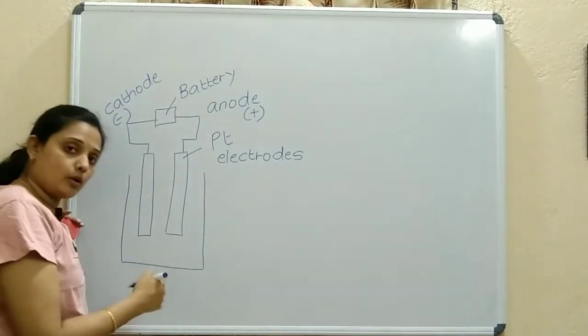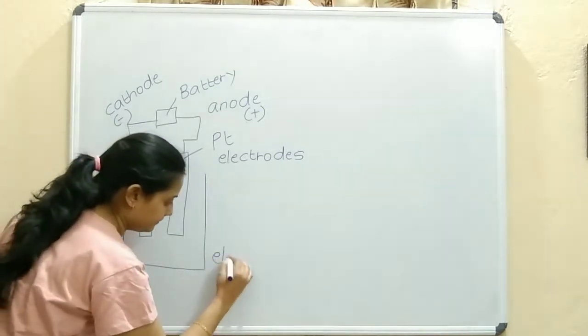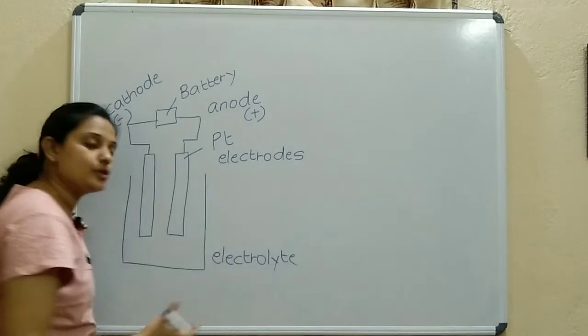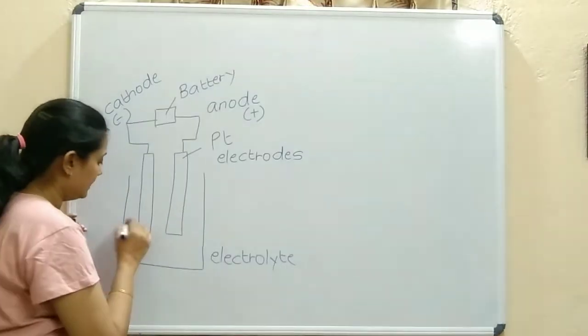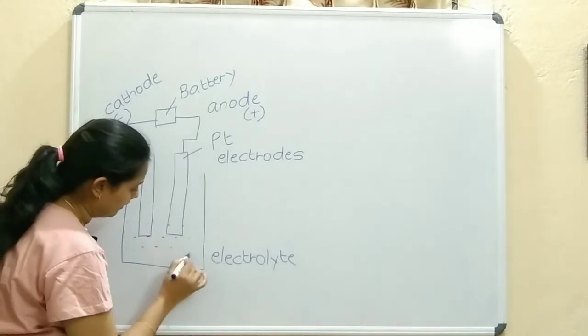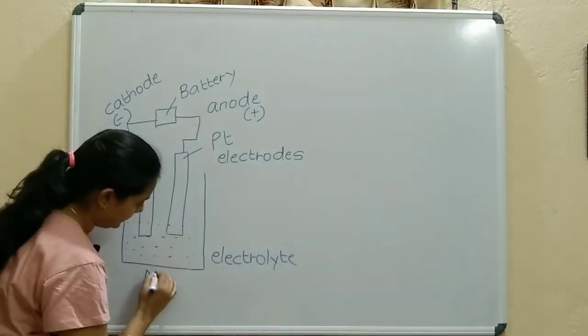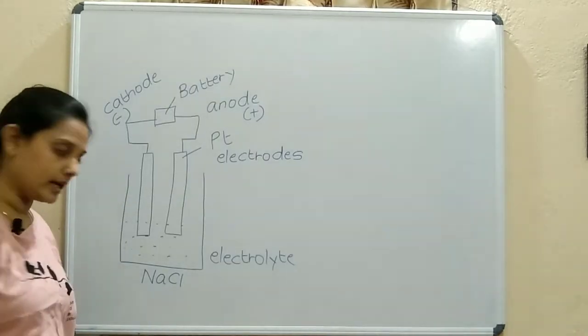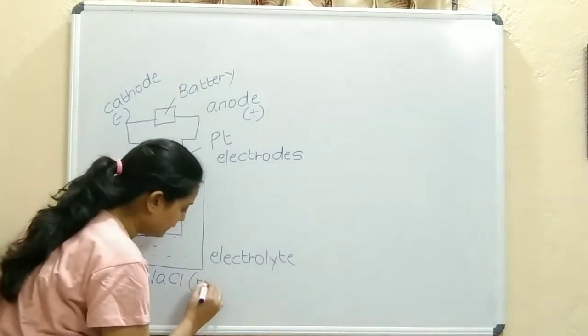Now the electrolyte, that means a solution which conducts electricity. We are taking the example of NaCl, sodium chloride, and this sodium chloride is in the molten form.